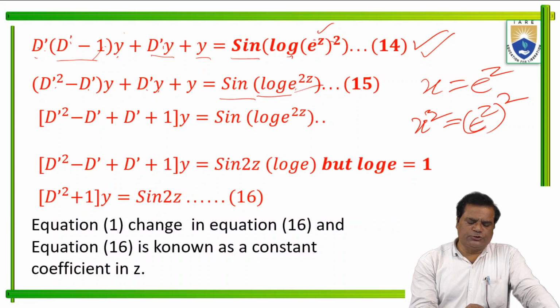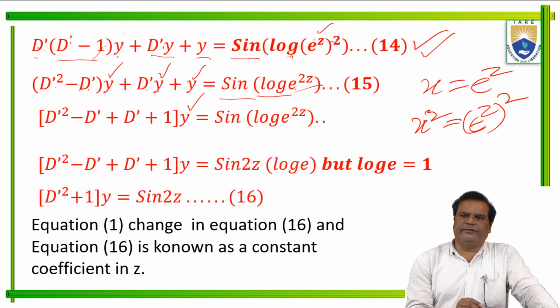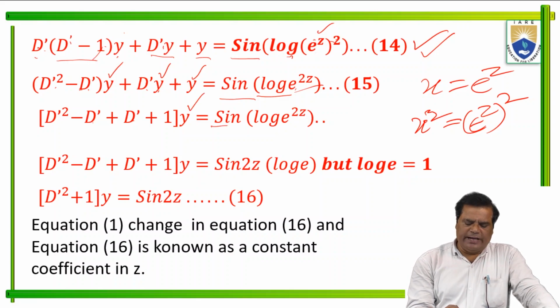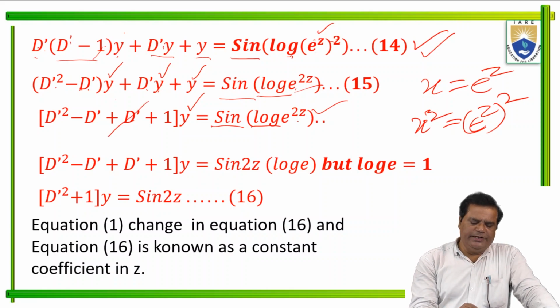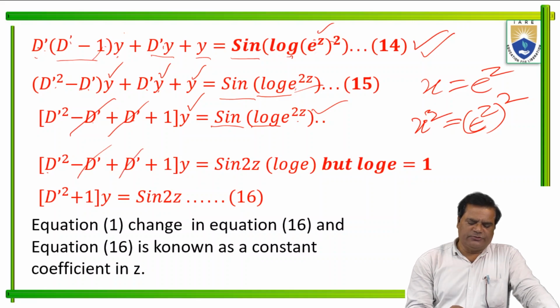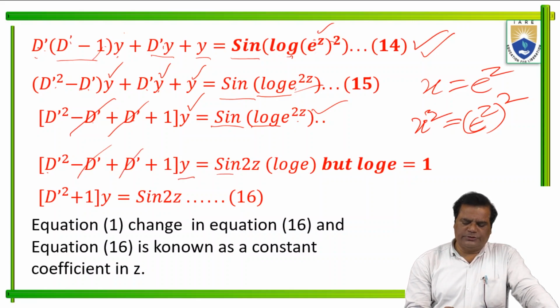Again D dash square minus D dash plus 1. This y is common. So sine log e to the power 2z. The D dash terms cancel, so D dash square plus 1 into y equals sine.